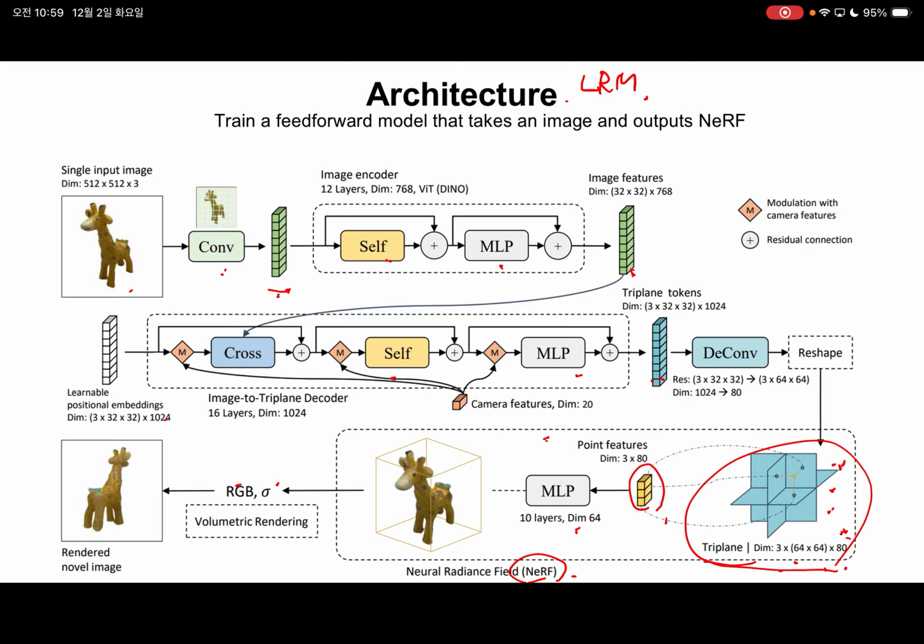So each MLP outputs RGB and sigma, and then we can use the same volumetric rendering equation to get images from a novel viewpoint or geometry of a novel viewpoint. We can do such things.